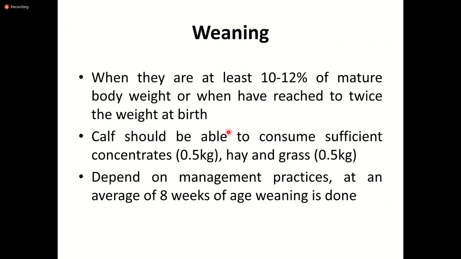So then it can be maybe 4 weeks of age, 6 weeks of age, or maybe sometime 12 weeks, 6 months, you never know. So as soon as you see these animals are consuming a kind of a particular targeted amount of these concentrate, what you do is you just stop giving milk for these animals.